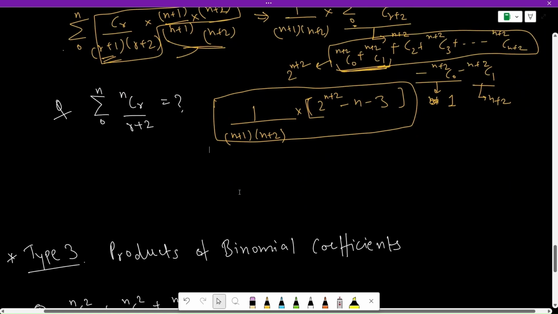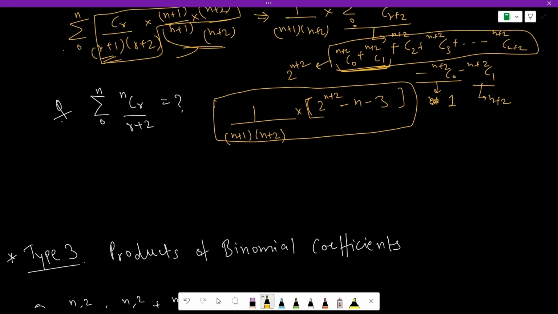Alright, now let's see the last question for this type. So here I have directly written it in summation form. We can just solve it. So again we need to do the same thing, but we cannot directly use the property because we also need r plus 1. So for that we will initially multiply and divide by r plus 1, then we can do that.